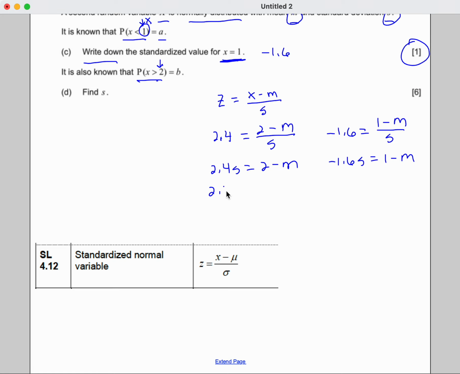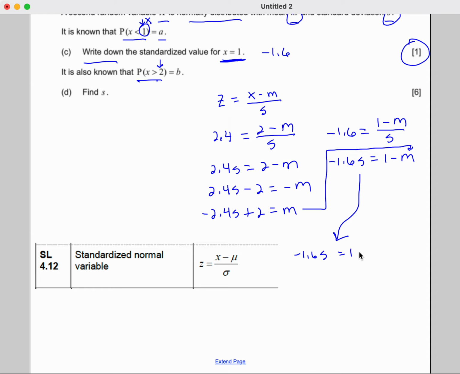So 2.4s minus 2 equals negative m. Dividing everything by negative 1, negative 2.4s plus 2 equals m, which I am then going to plug into this m. And I get negative 1.6s equals 1 minus negative 2.4s plus 2.